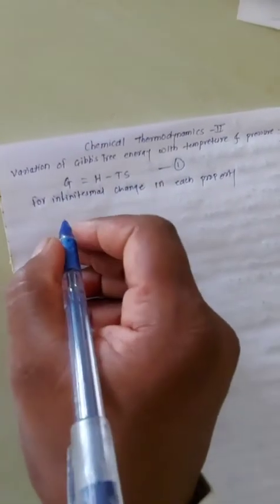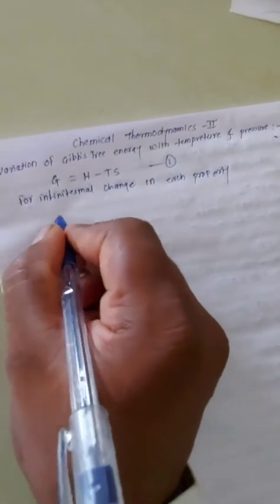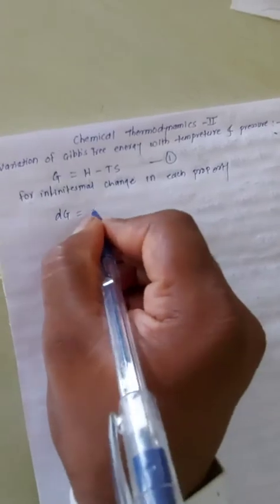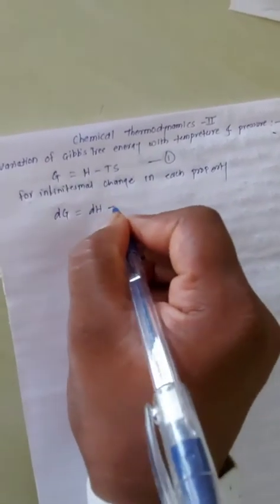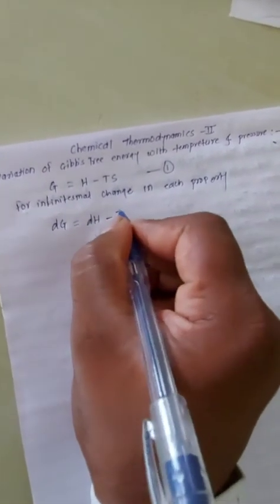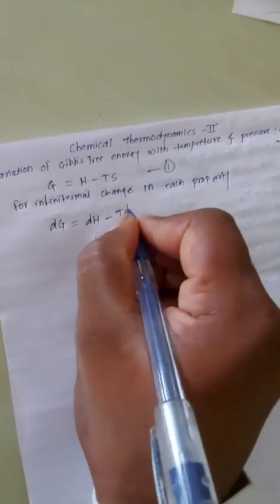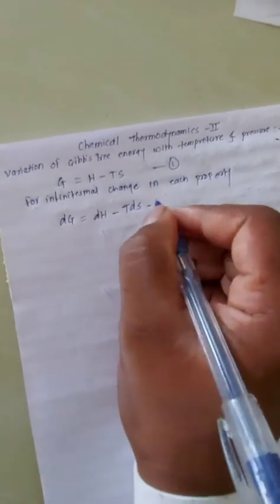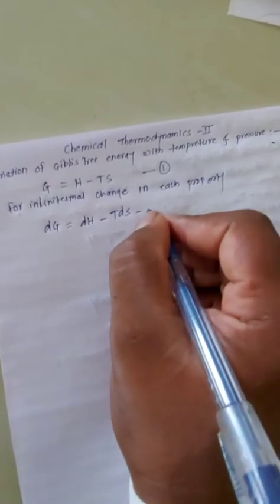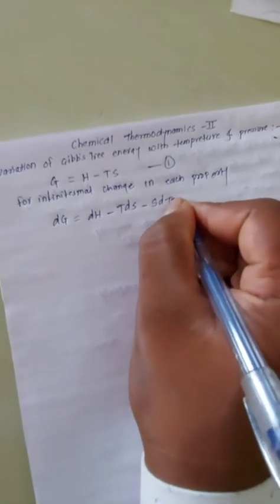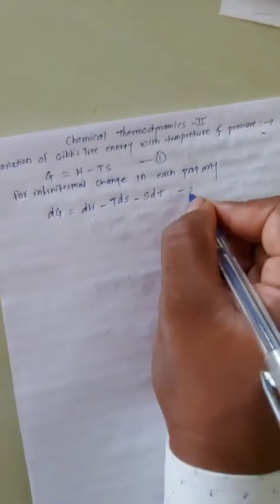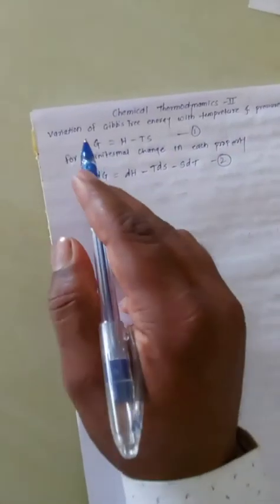That is, equation 1 becomes dG is equal to dH minus, in the first term T constant, variation with entropy, and in the second S constant, variation with temperature. This is equation number 2.